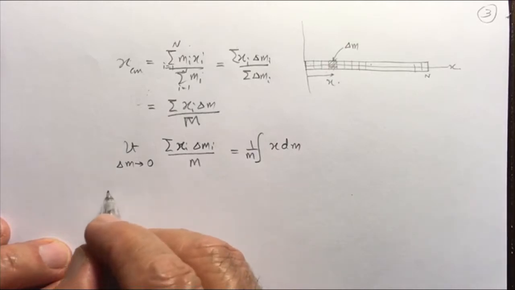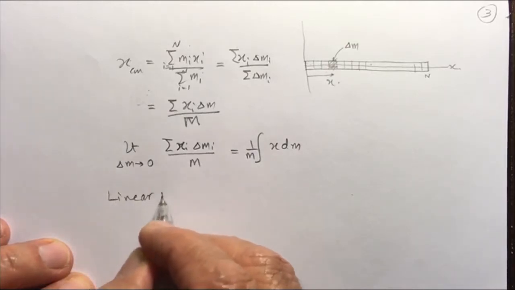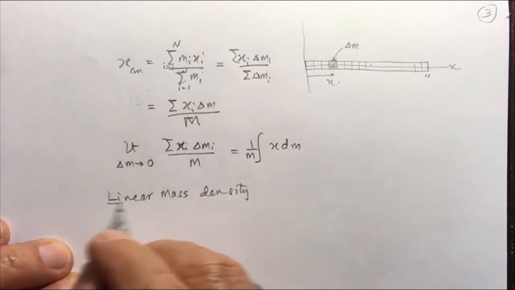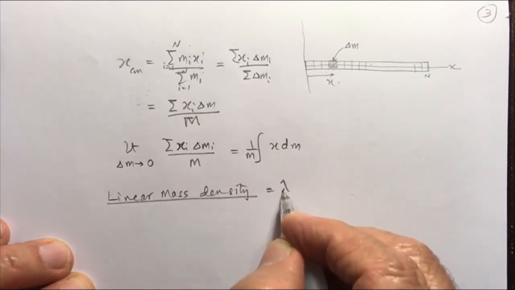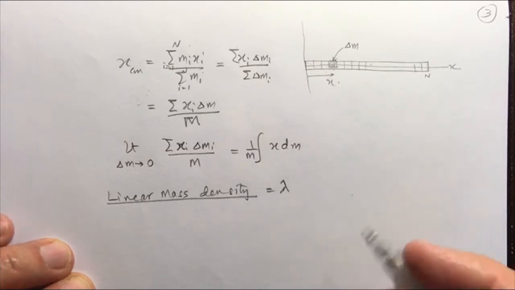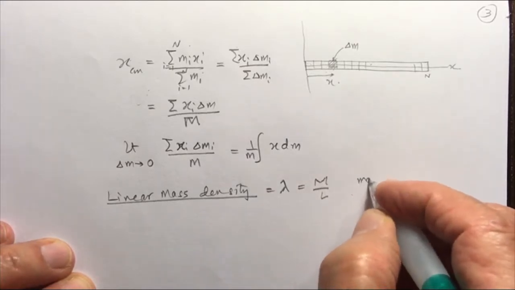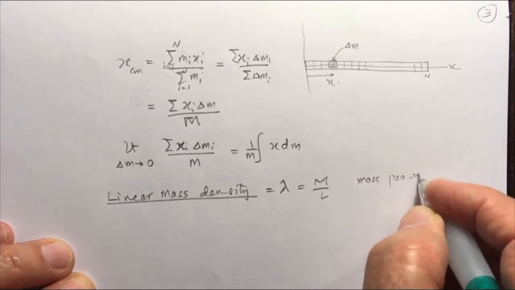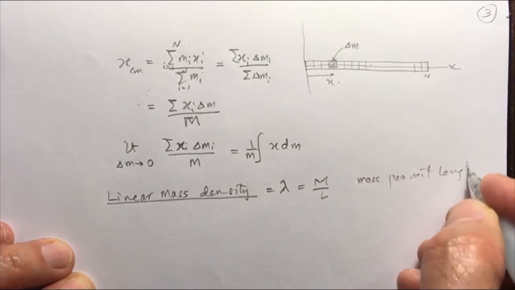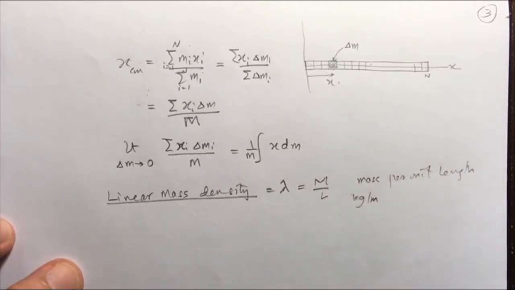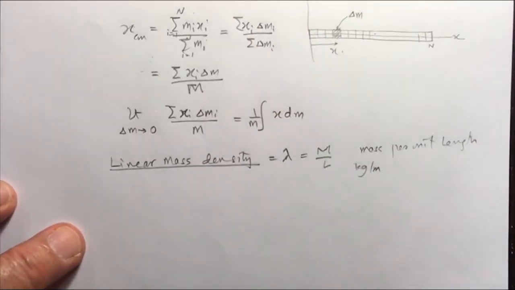For that, we define the linear mass density, which is given by the symbol lambda, and that is the mass over length. So it's the mass per unit length, and it's going to be kilograms per meter, or grams per meter, or grams per centimeter. It's the mass per unit length.